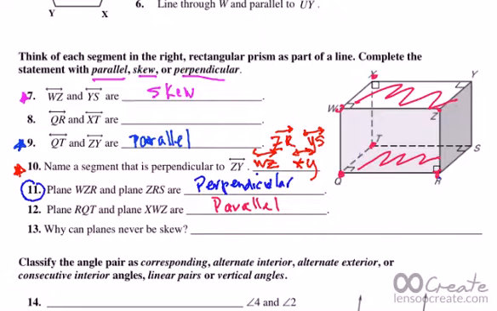And the last thing that I want to just bring to your attention is, why can planes never be skew? Because they will eventually cross if they're not parallel. They will either be parallel or not intersect at all.